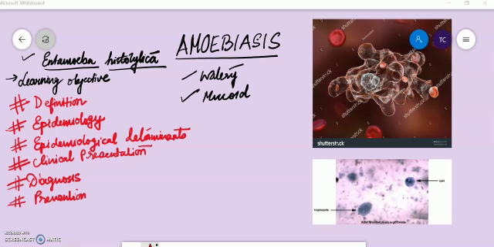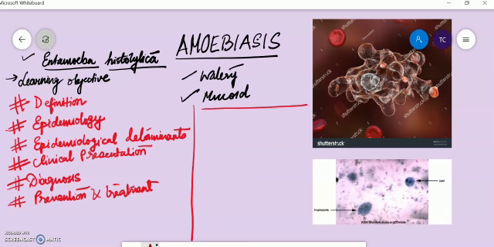Of course, it's not just prevention, it's also treatment. So: definition, epidemiology, epidemiological determinants, clinical presentation, diagnosis, prevention, and treatment. We will move on to all these things one by one.